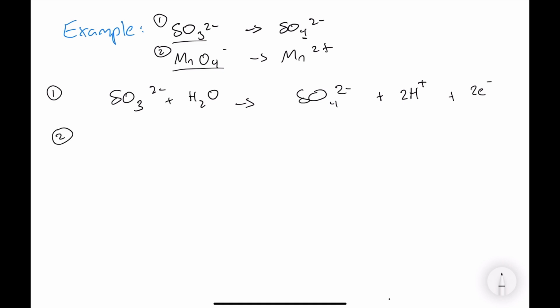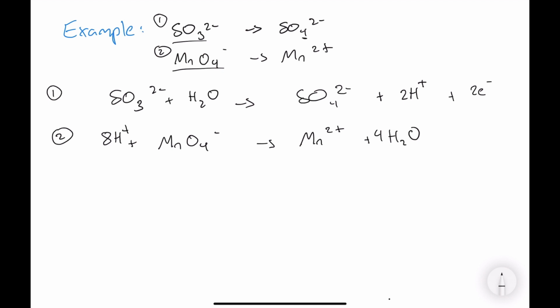So next, we will balance out the manganese 7 half equation. So again, the manganese are balanced, so we just have to add the water to balance the oxygens. So we have 4 oxygens, we'll put a 4 in front of it. Next, we add the protons to balance the hydrogens.